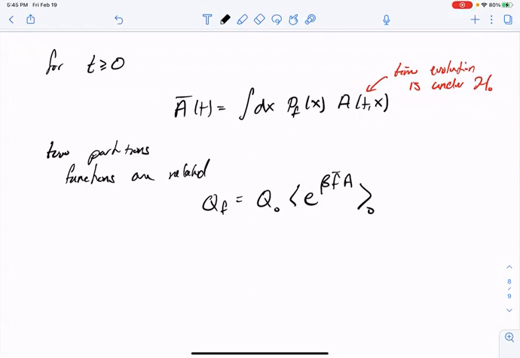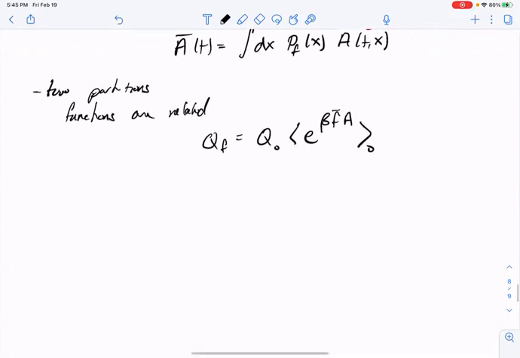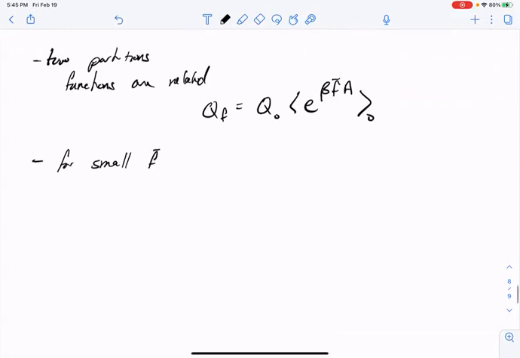Now, that's our usual generating function. For small f, I can relate the probability of a configuration in the presence of f to that in its absence.